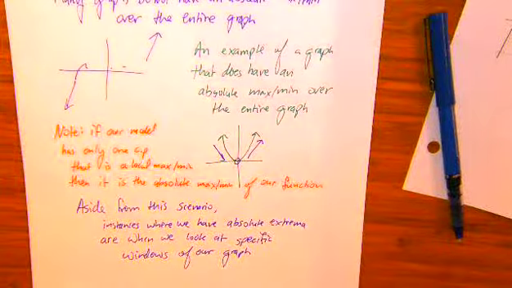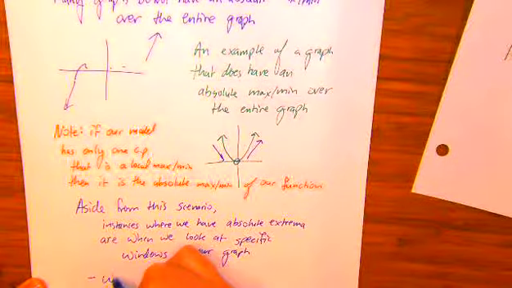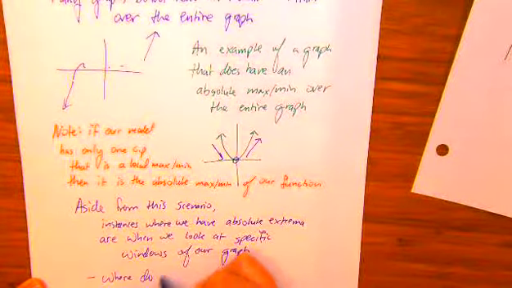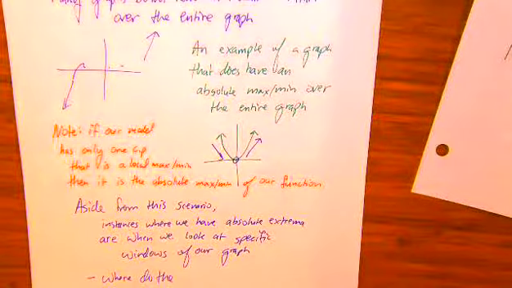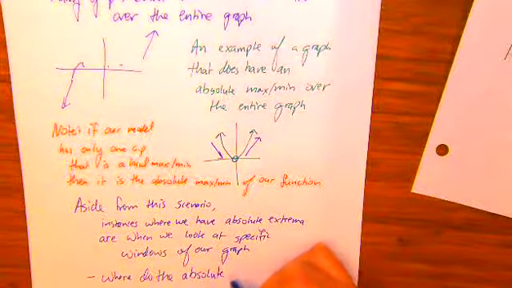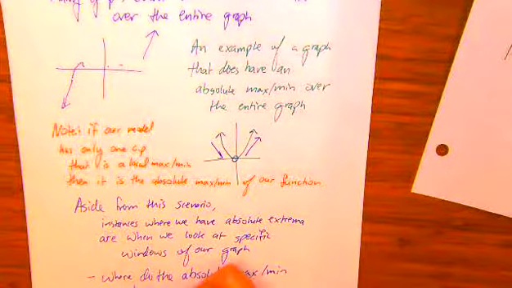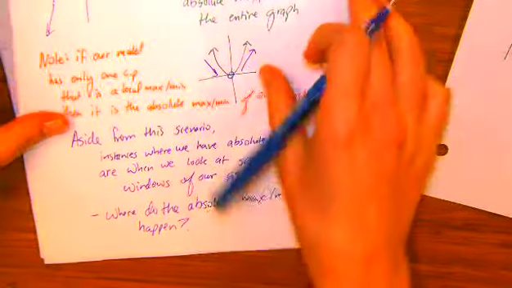Okay. So our question is then, if we are looking at a specific window, where do the absolute max or min happen? Alright.